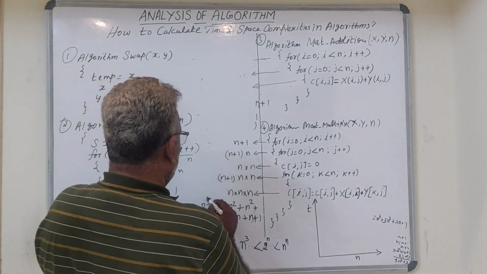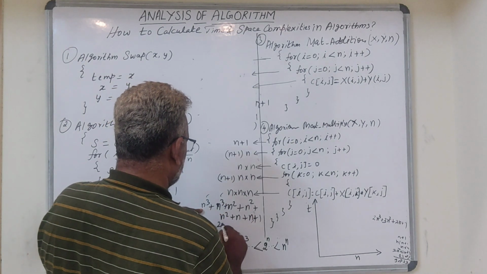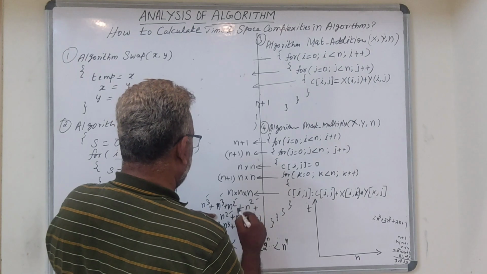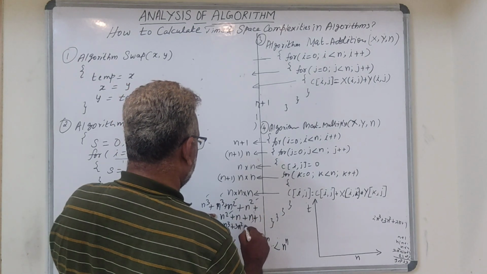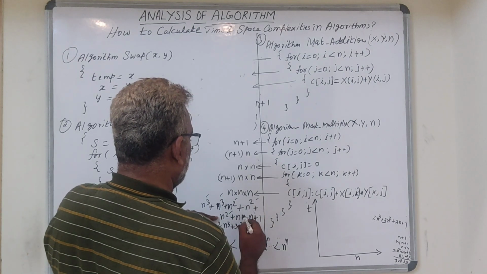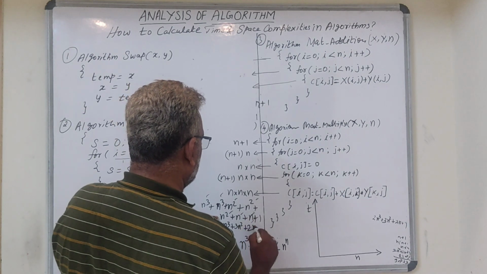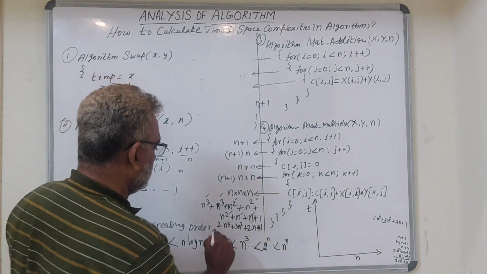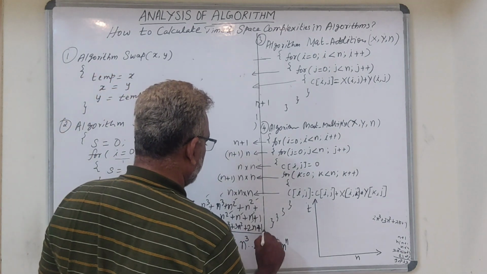So totally we have 2n cube plus 3n square, then we have 2n plus 1. Okay, so this is the final equation.